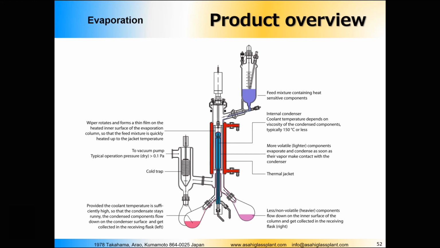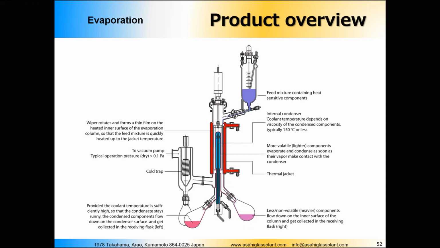We might have two different substances with relatively high boiling points, but still we need to have some difference between the boiling points. So here we have a very high boiling point component, which is still going along the wall, and it is collected in this receiver.